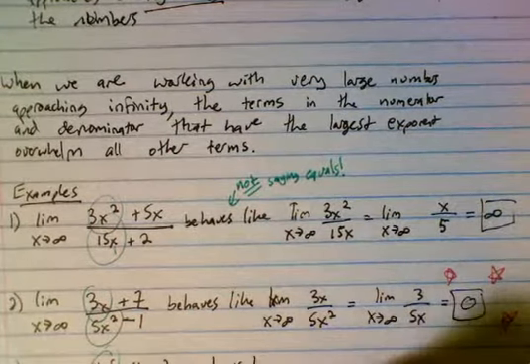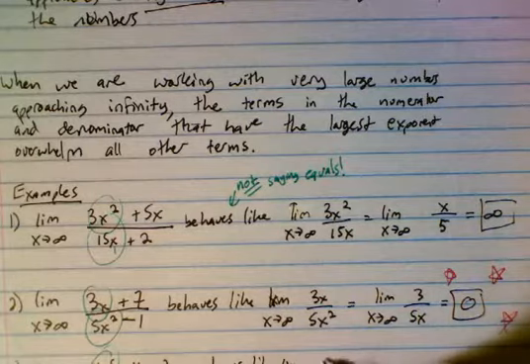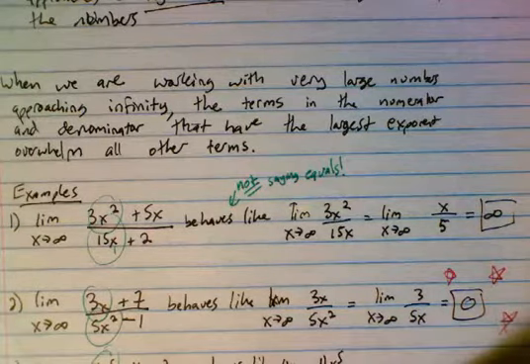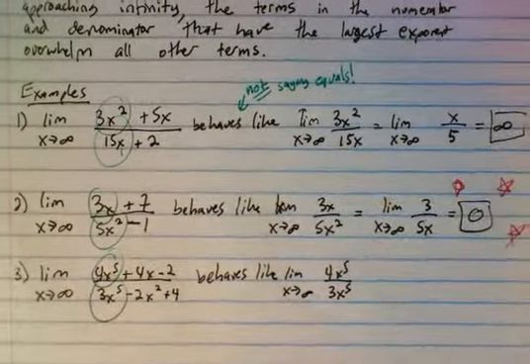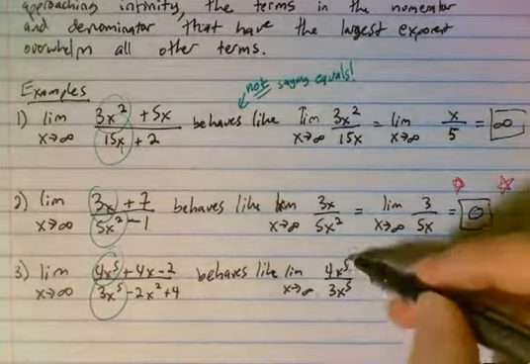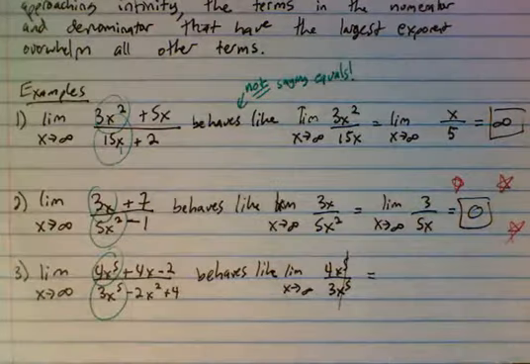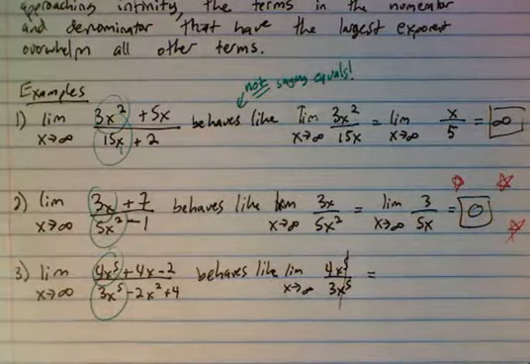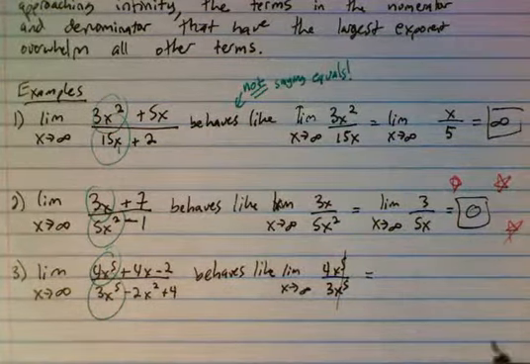So this behaves like... notice how in this case, there's the example. Notice how in this case, x to the 5th and x to the 5th cancel out, because no matter how big they are, they're always equal. And anything divided by itself is 1. It just always is, even if it's 10 million, quadrillion, billion.